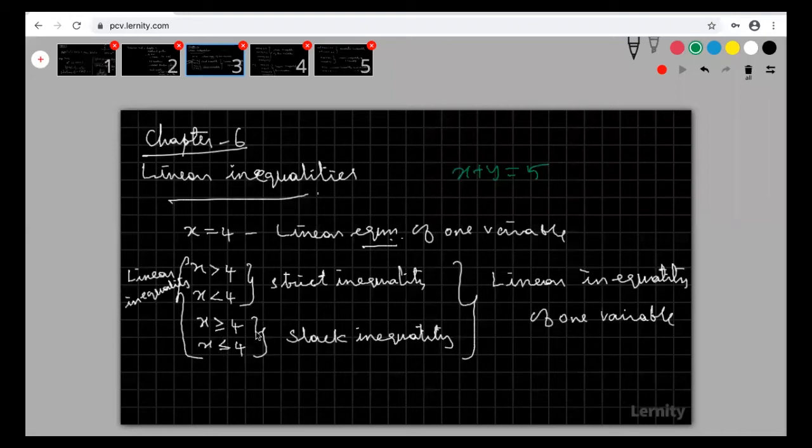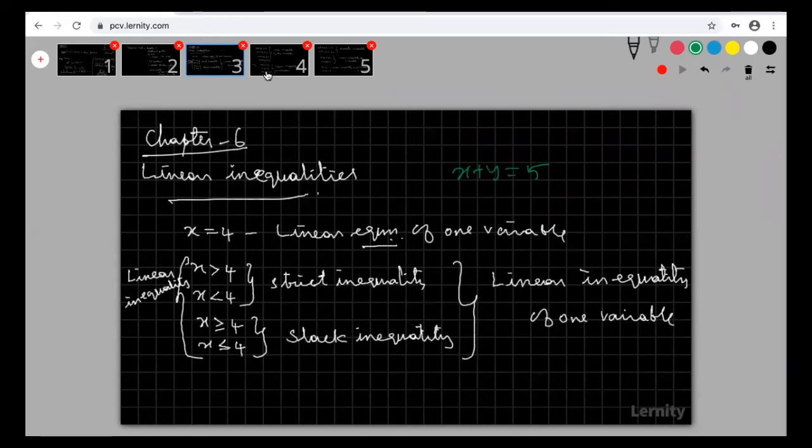If equality is coming, then that is called slack inequality. But all these four are called linear inequalities of one variable.